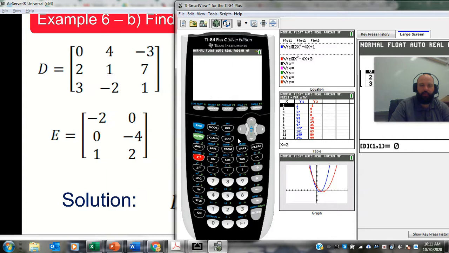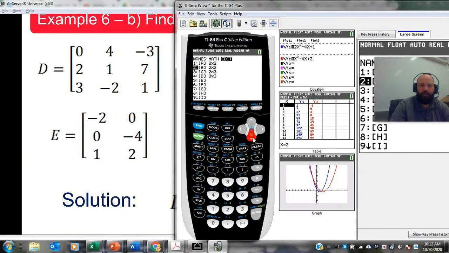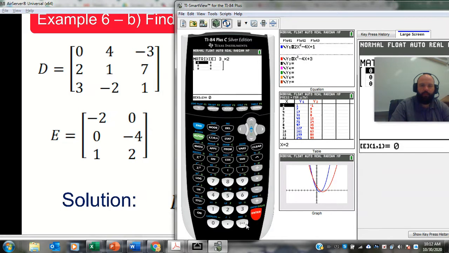Then we can go into second matrix and we're going to go over to E, enter our data in for that. That is a 3 by 2. And so we have -2, 0, 0, -4, 1, and 2. Hit second quit.